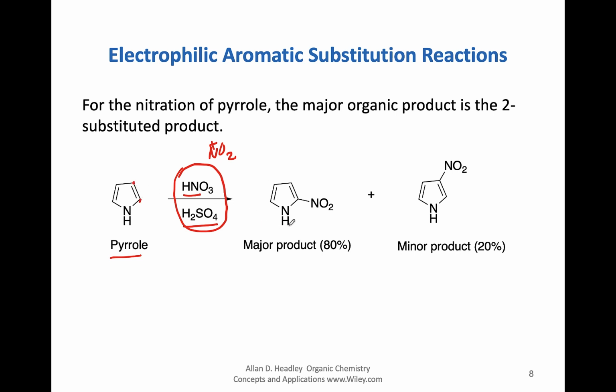And of course, as we know from the previous slides, the addition that gives the most stable intermediate will lead to the most stable product, or the major product, and this is it. And of course, this is the minor product. So if you're asked to predict the major product for this reaction, this would be the major product.